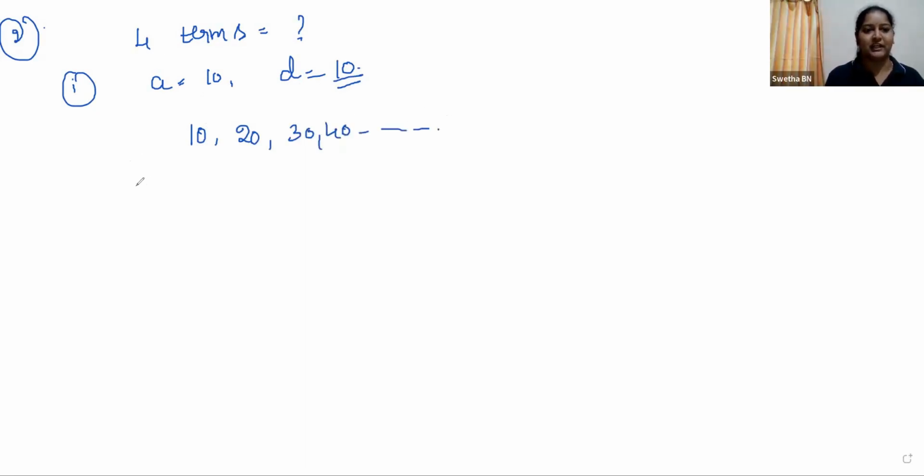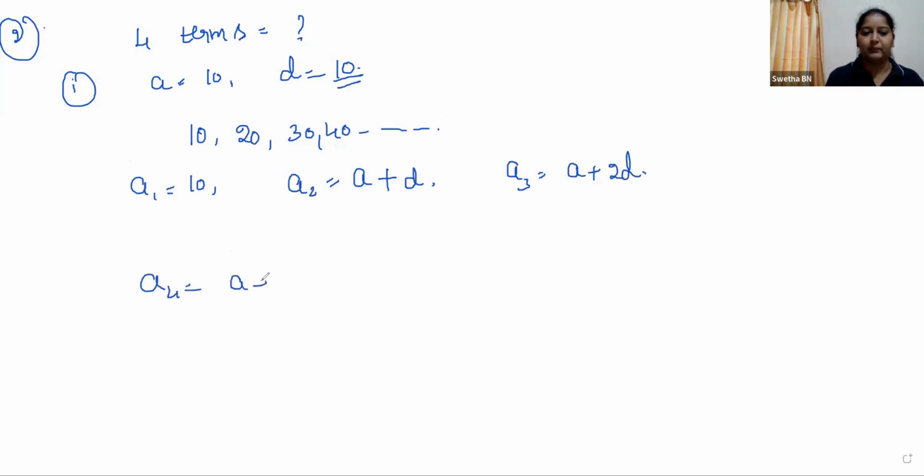But while writing, you should write A1 is equal to 10. What about A2? How to write this? A plus, what are we adding here? We are adding D, right? So A3 is equal to A plus 2D. Then A4 is equal to A plus 3D.